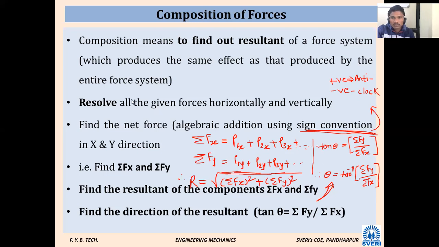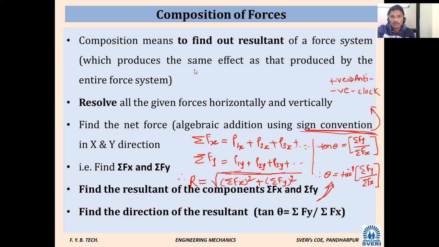What is the procedure? Sign conventions are important for force, as here there is no question of moment. In a few problems we solved before this, there was a question of moment, so clockwise and anti-clockwise mattered there, but here it is not the question.